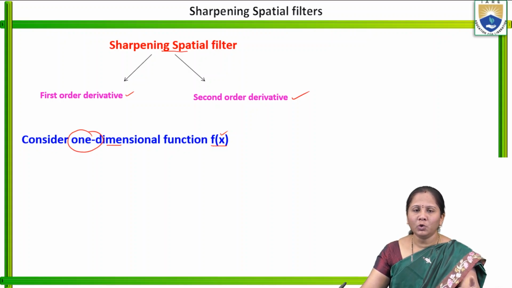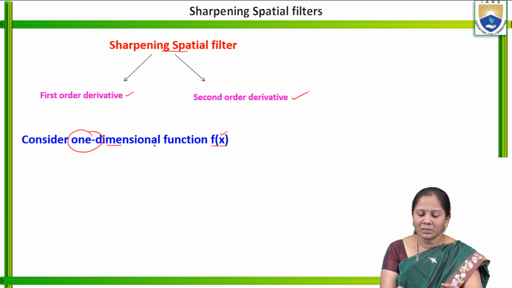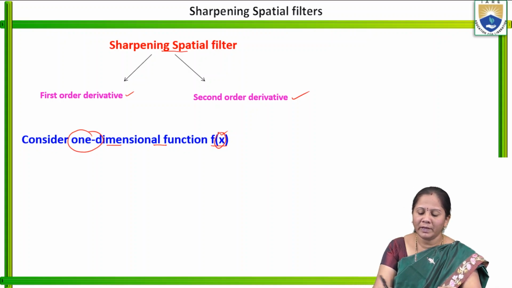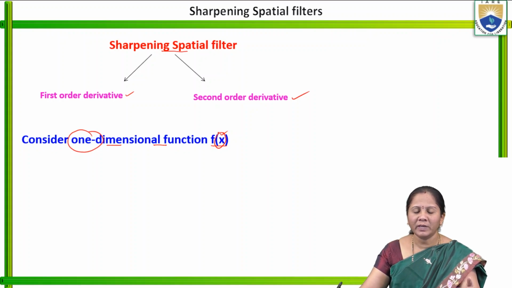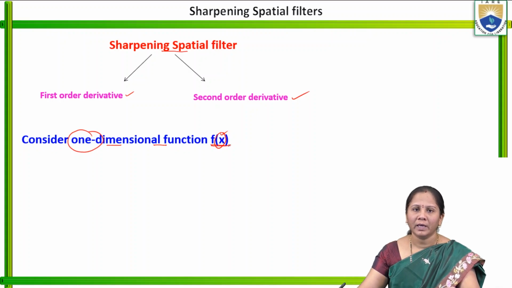For example, in two-dimensional images, we will have two variables, like f of x comma y. Initially we have considered a one-dimensional image represented with the function f of x. Only one variable, x, is available, and that is why it is called a one-dimensional image. We are going to apply the first order derivative and second order derivative on the function f of x.